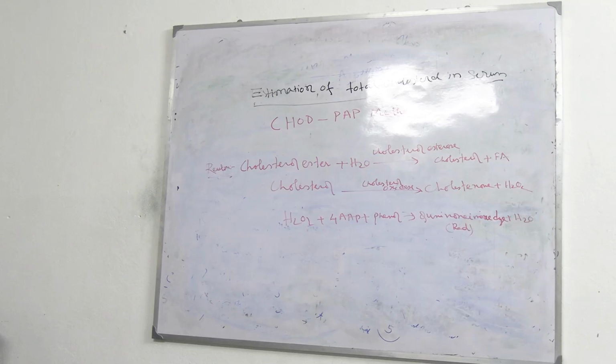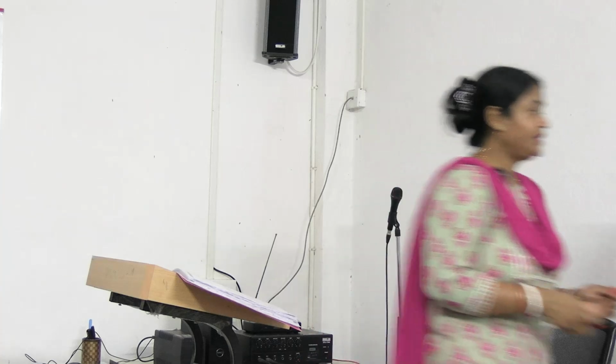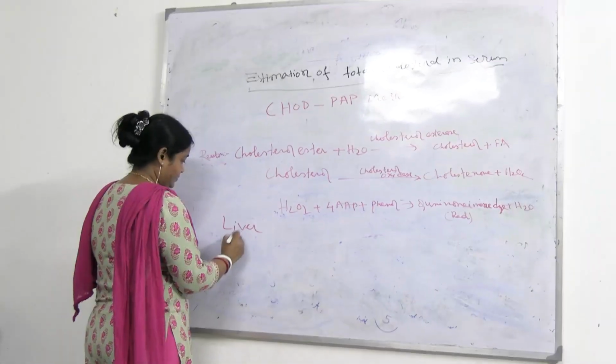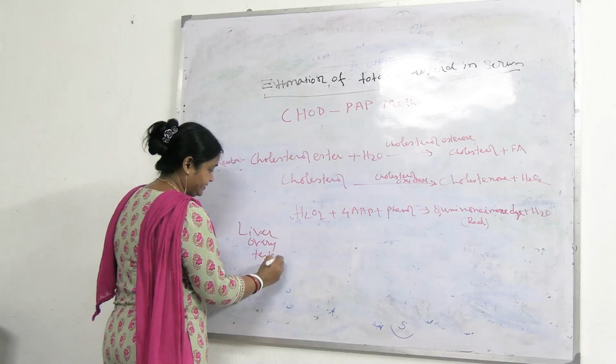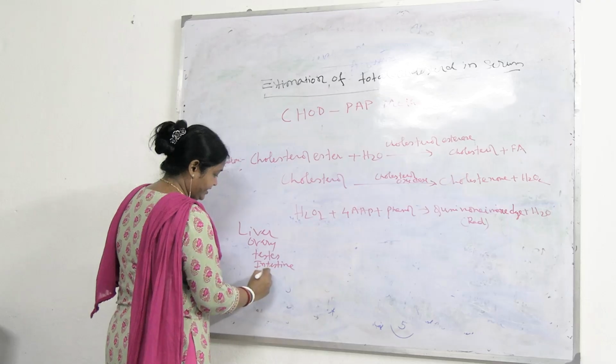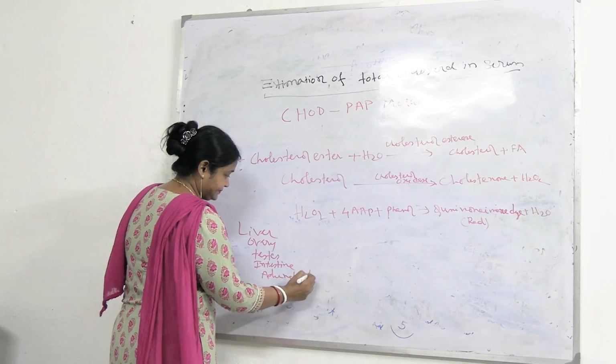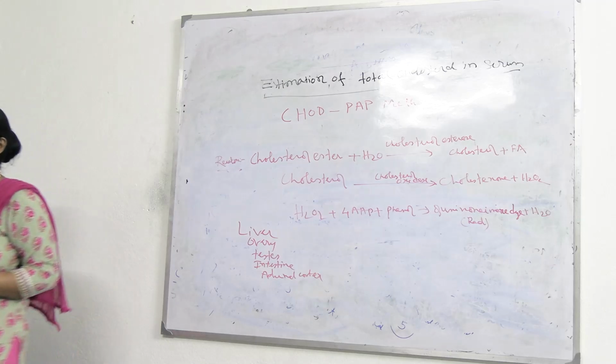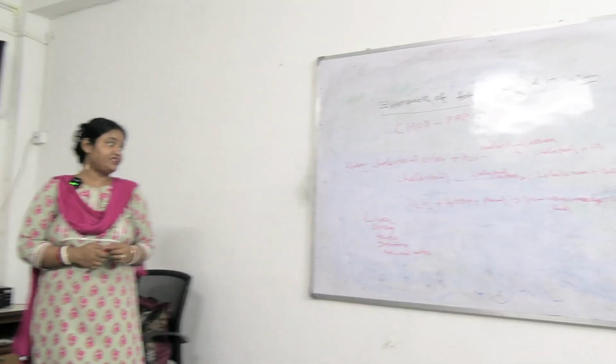You find cholesterol in blood, bile and in the brain. In the cell membrane, fluidity will be maintained with the help of cholesterol. Okay, in the membrane there will be cholesterol.